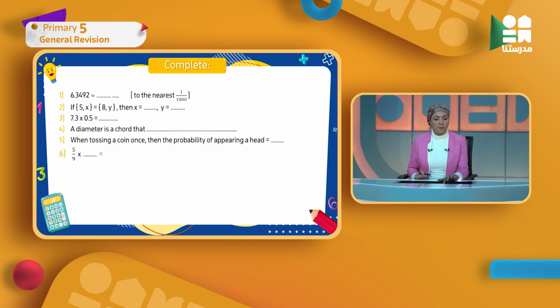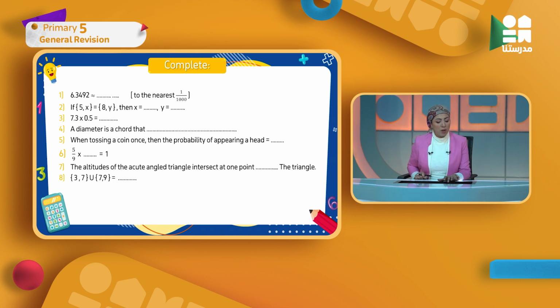Number 1, 6.3492, and I want to approximate it to the nearest 1 over 1000 or to the nearest thousands. هنا ال thousands digit is the 9. Then the neighbor is the 2. طيب ال 2 دي قوية ولا ضعيفة؟ It is weak.